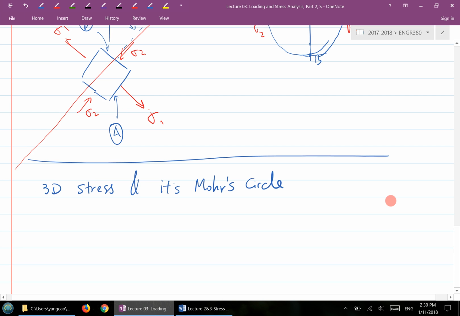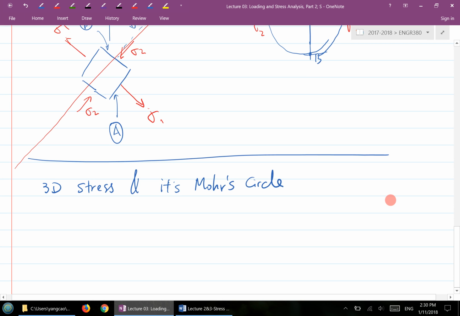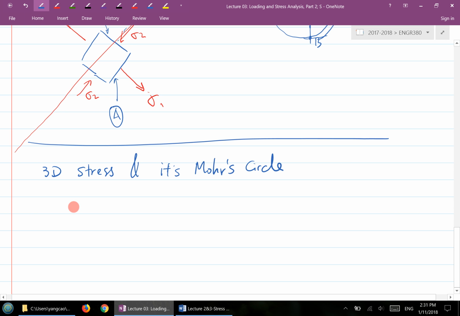But in reality, 3D stress is the most general state of stress. 3D stress essentially means you have all 6 stress components existing on the cube.